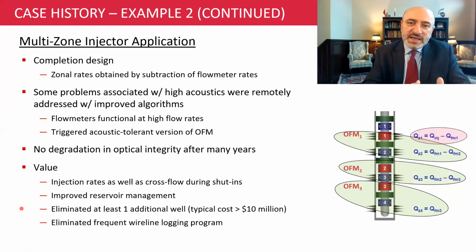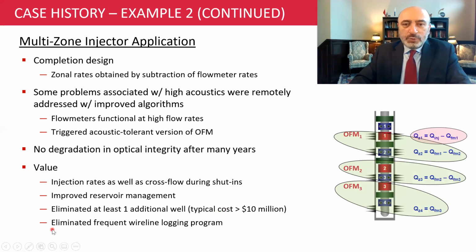Based on the conversations we had with the operator, they stated that to achieve the same level of reservoir management without the use of the optical monitoring system, they would need one additional well along with a frequent wireline logging program. The cost of an additional well is typically more than $10 million in 2004 standards.